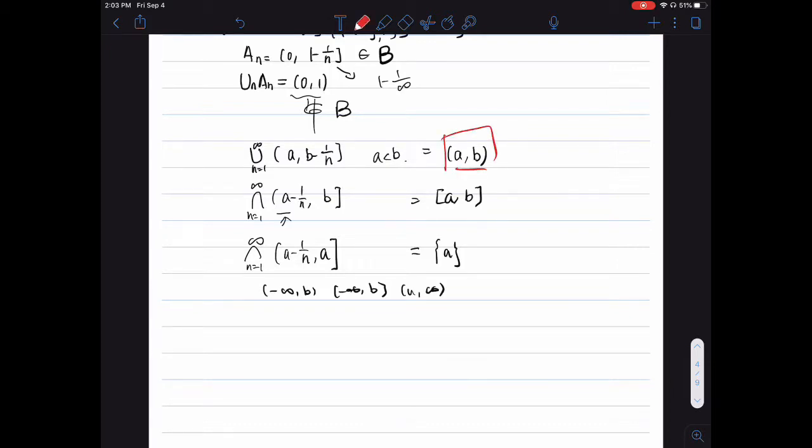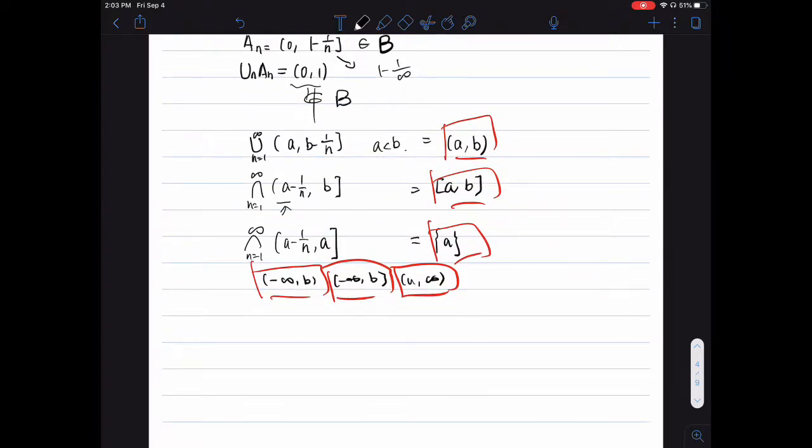So these new sets form a new algebra. And let's step back a little bit.